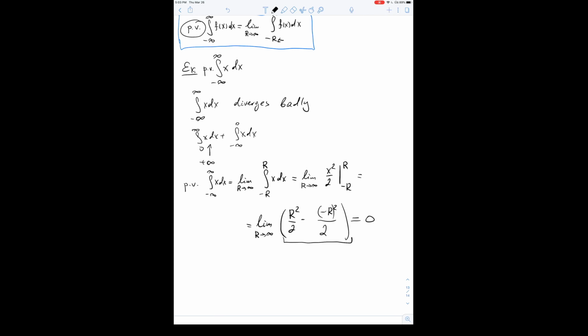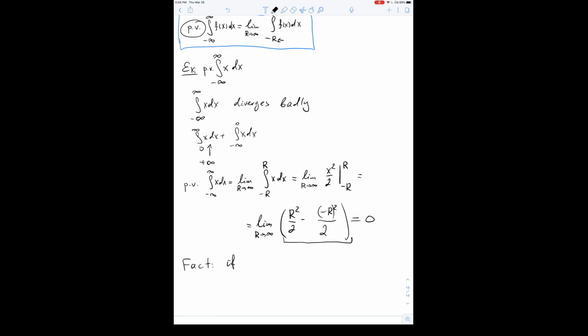So despite the fact that the integral diverges, it turns out that the principal value is really well defined and there's no problem. So principal value makes more integrals convergent. On the other hand, I'll state the fact, it's not hard to prove.